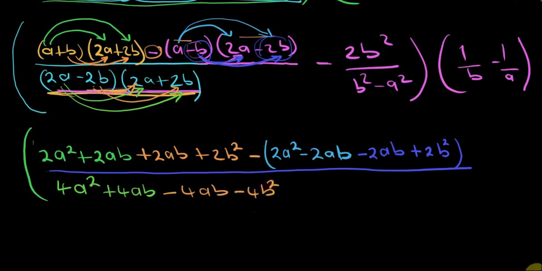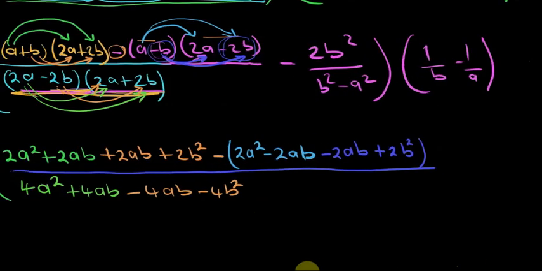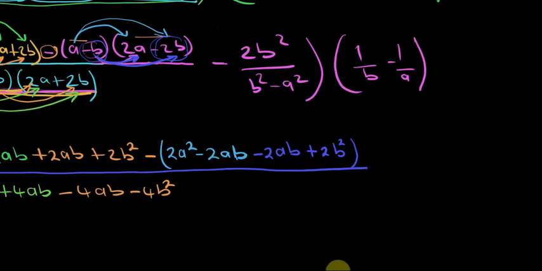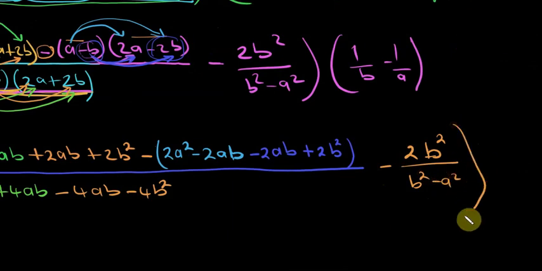Right, minus 2b squared over b squared minus a squared, as it is, not touched, multiplied by 1 over b minus 1 over a.